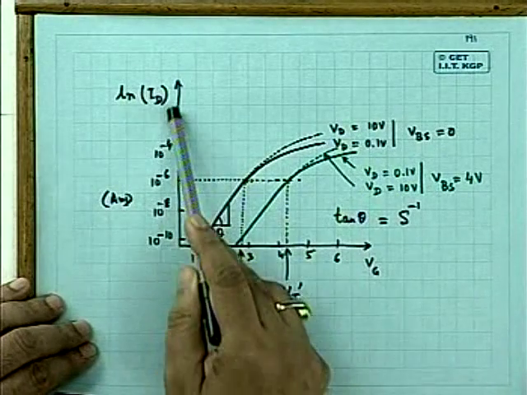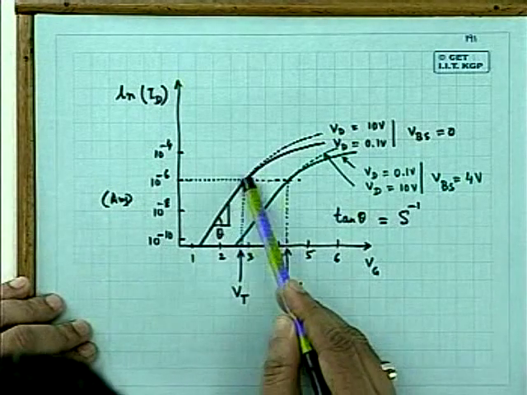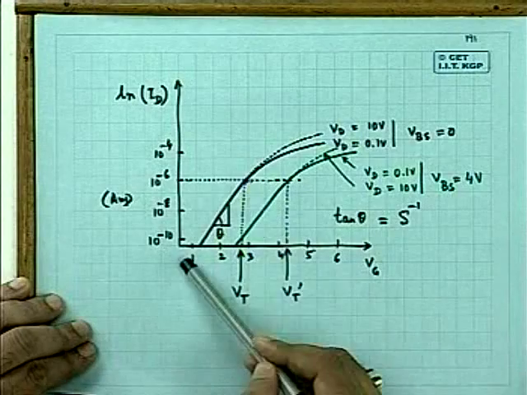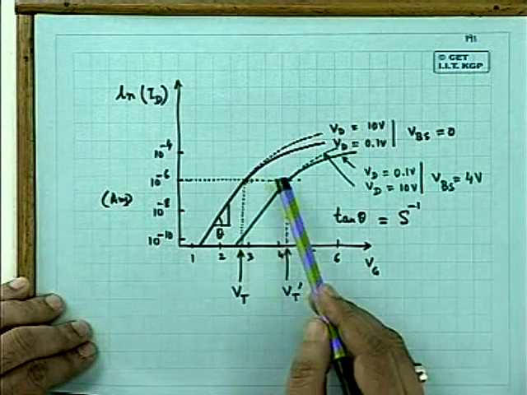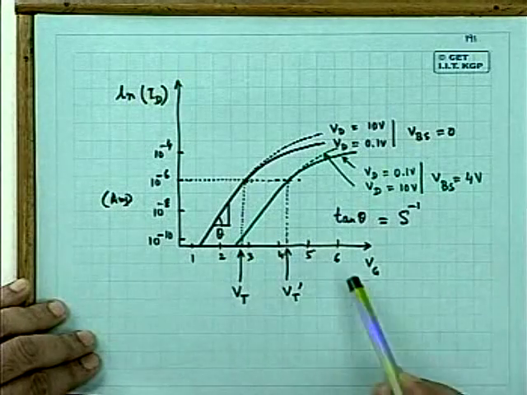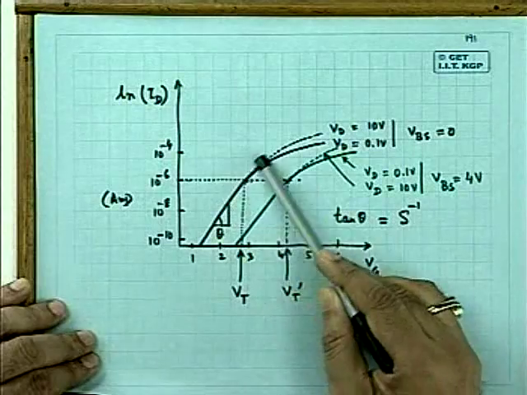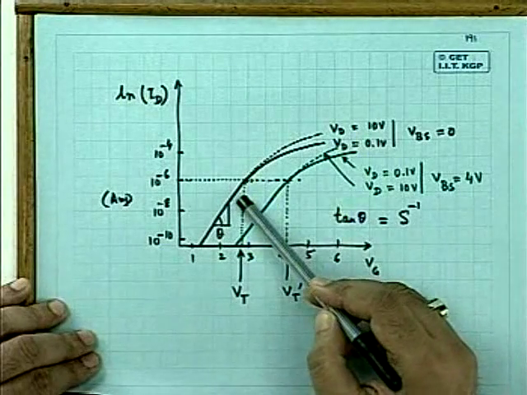This is a logarithm of Id versus Vg. You note that this is almost a straight line for relatively low values of Vg, but beyond that it deviates from the linear relationship.